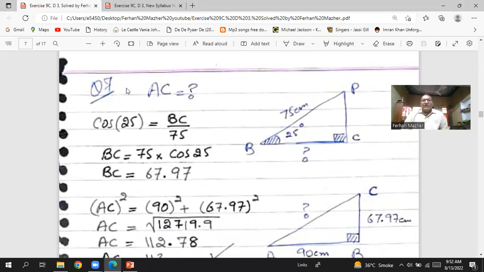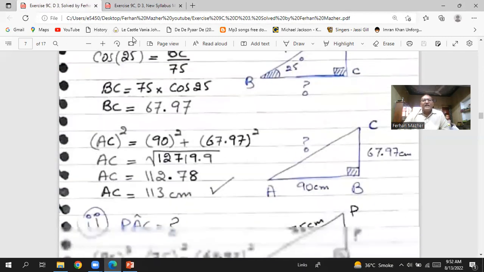Once I know BC, then you know that ABC is a right angle triangle at the horizontal, and at B the angle is 90. I know the AB side, that's 90 centimeter. I know the BC side, that's 67.97 centimeter. So I can apply Pythagoras here. I want to know the hypotenuse. So AC squared will be equal to 90 squared plus 67.97 squared.